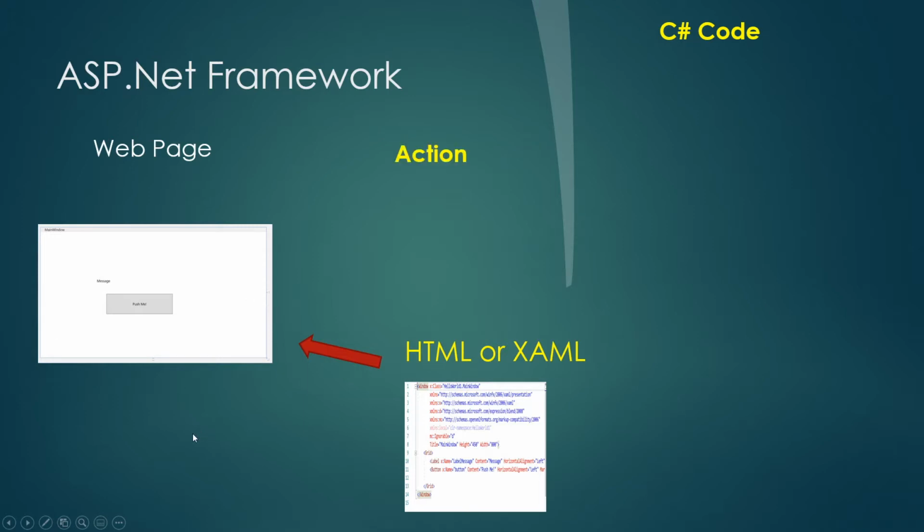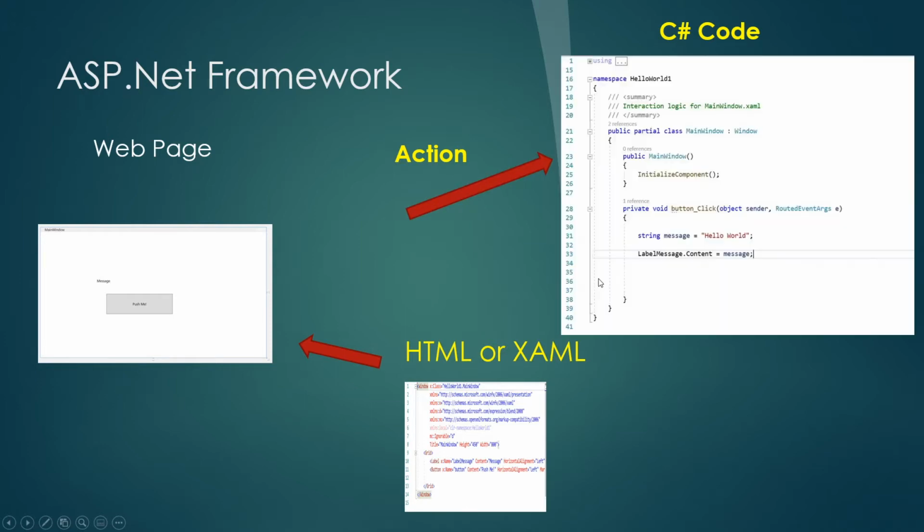So whenever we click on something, or we do something, or we ask for some type of mathematical calculation, or to access data on our web page, that action goes back and it is reflected in our C# code. That's where the actual action happens.